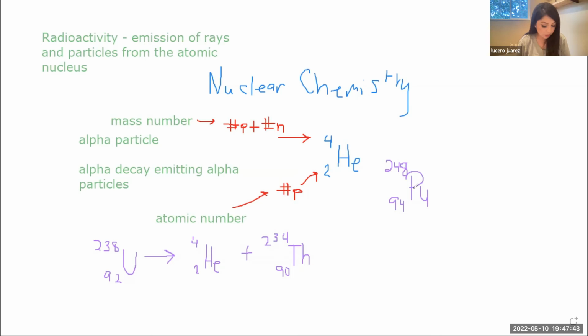So would it be niobium? Okay. It would be 244 uranium.